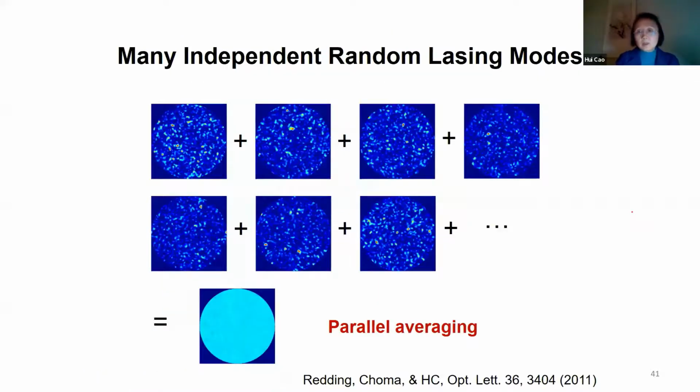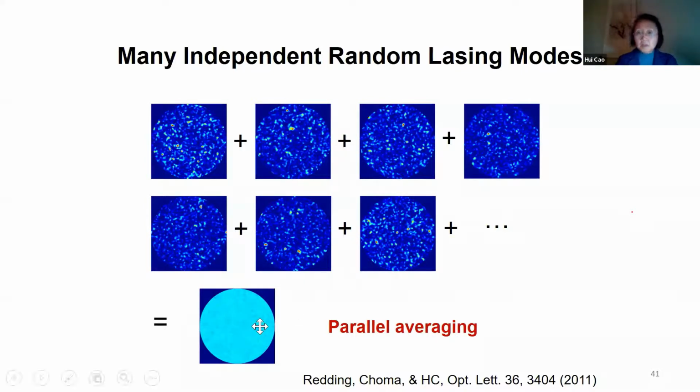So this allows us to have low coherence because the random laser allows independent lasing in many different spatial modes. Each mode will generate a distinct speckle pattern. Because they're incoherent with each other, we add all their intensity patterns together, which reduces the spatial coherence.